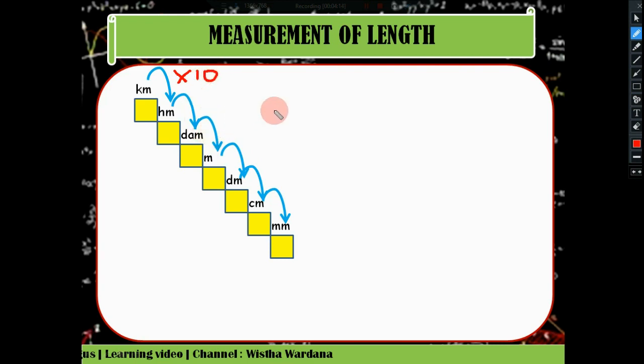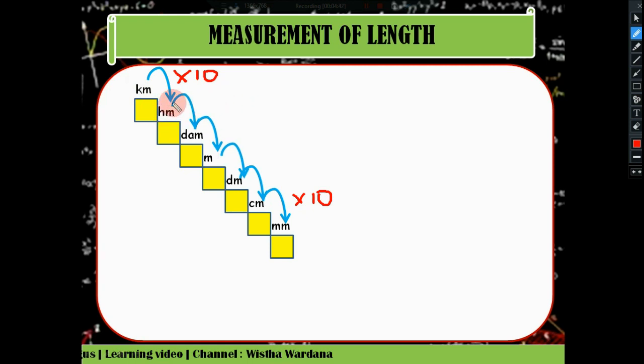For example, if we have 1 kilometer and want to change it into hectometer, you have to multiply 1 kilometer by 10. So 1 kilometer equals 10 hectometers.